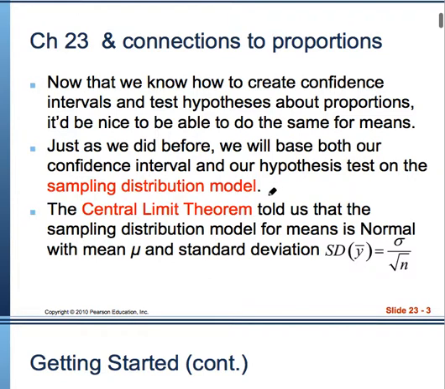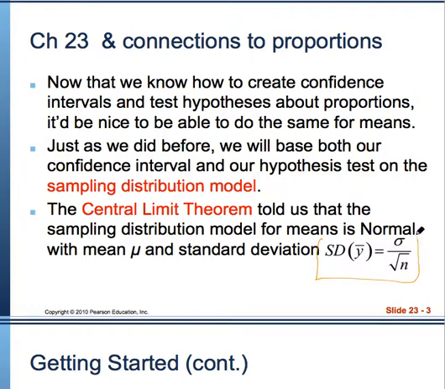Okay. And then we talked about the central limit theorem, and we said that as long as the sample gets larger and larger and larger, we can say that it becomes a normal model, and the sampling distribution looks more like a normal model. And the mean of the sample is mu, and the standard deviation is this formula right here.